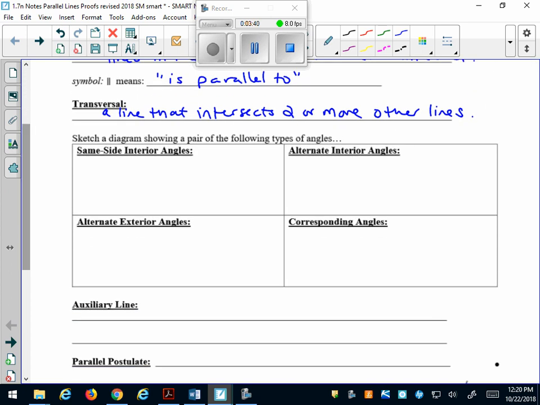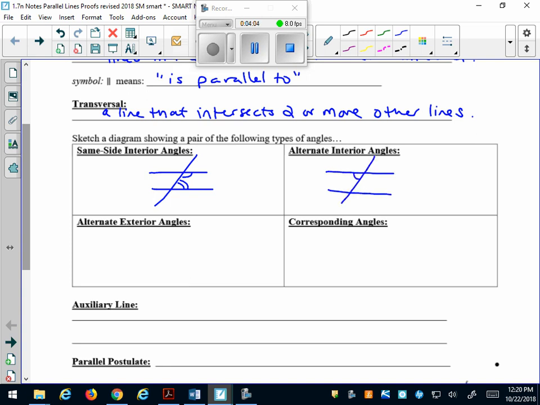All right, now, instead of writing definitions of these, same side interior angles, etc., I just figured we'd do a little sketch. Because picturing them and identifying them in a diagram is really what's important here. You don't have to write out the description of what they are. You have to just recognize them.